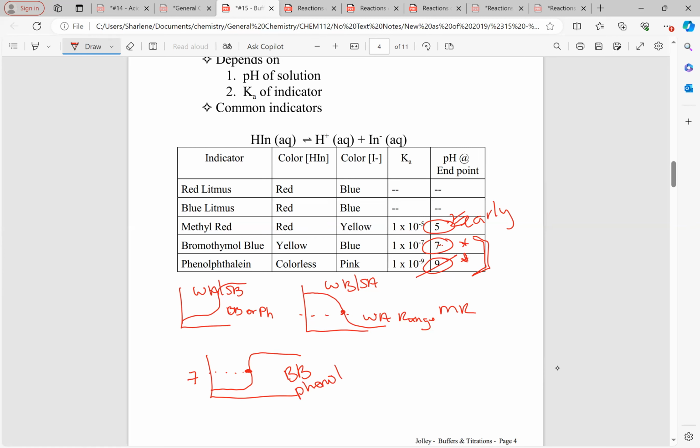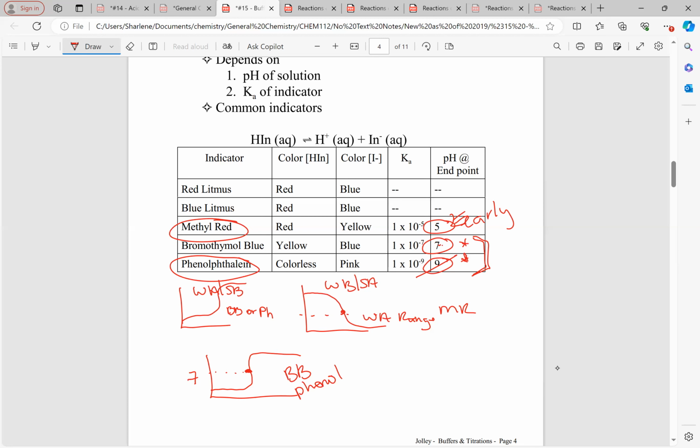So all of those indicators that we have in the lab, we can look up their Kas and therefore their pKas, and we can judge where they would be a good indicator. Like the Congo red and the alizarin yellow, they each have a pKa and they have that range. The ones that we use most often in lab though are phenolphthalein and methyl red.